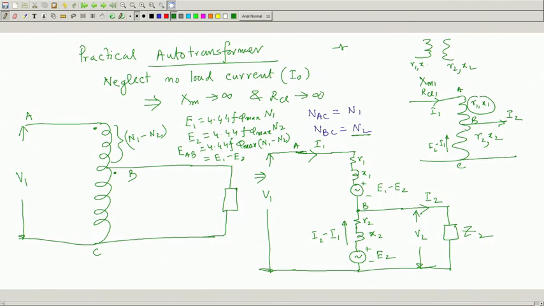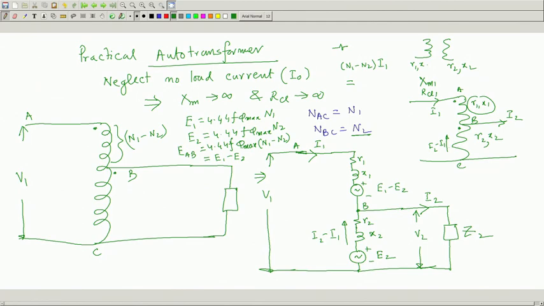If this portion carries winding, this portion cannot remain silent. Therefore, I will say, and these two are dots, so N 1 minus N 2 into I 1 must be balanced off this current through the dot.